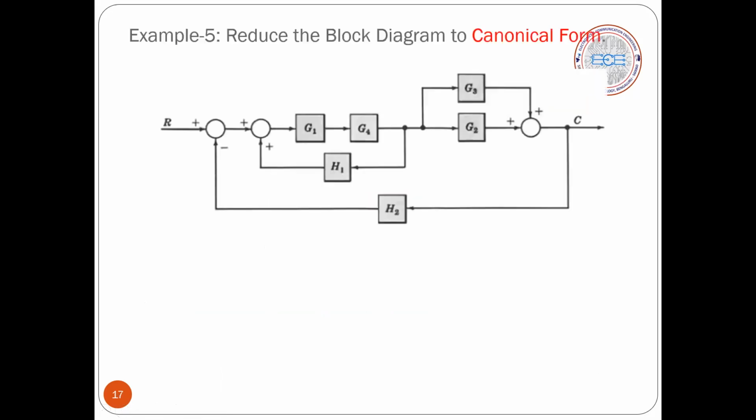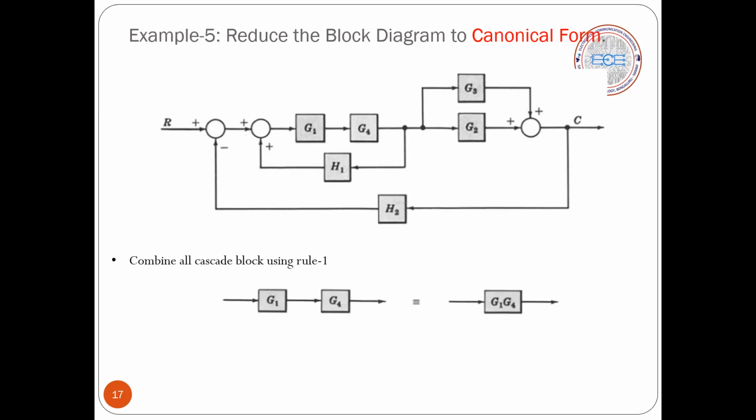You can do that. Okay, so we have an example here, that is the reduction of a block diagram to a canonical form. We are reducing the given block diagram into canonical form. How can we do it? As we have discussed so many reduction techniques, we'll apply them one by one and try to reduce the given block diagram.